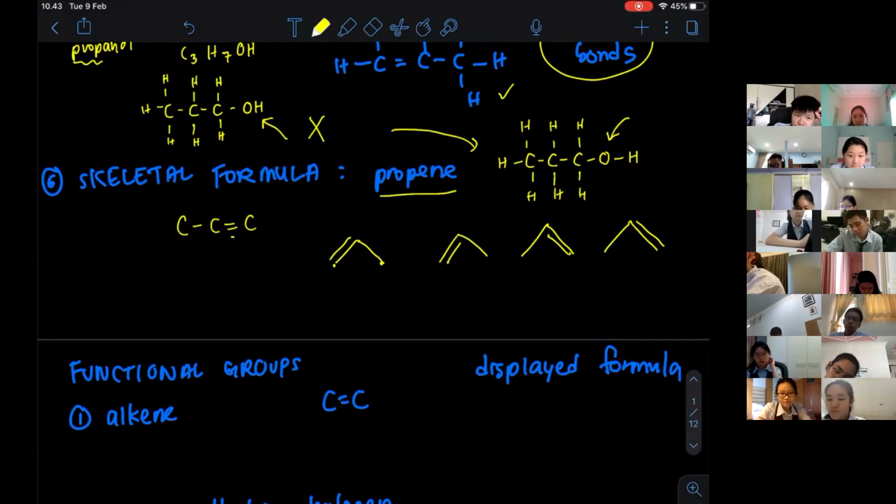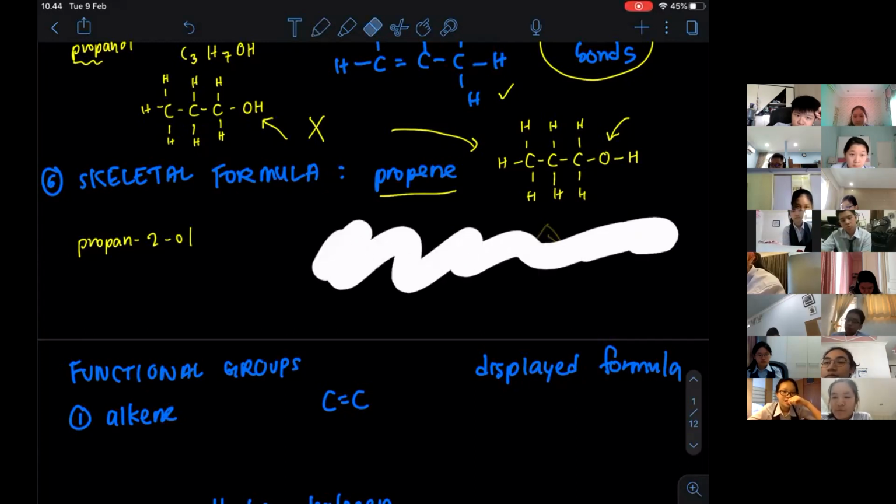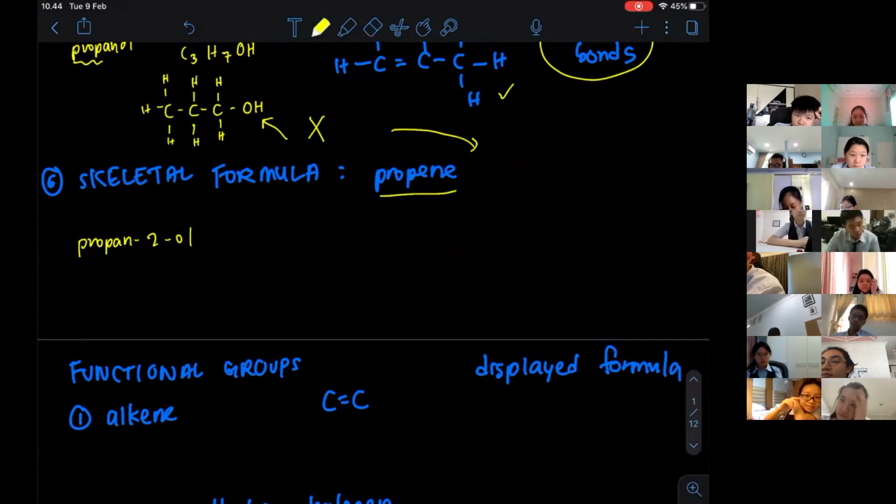Now, what happens if I have a situation where I am going to have propan-2-ol? This is not propanol, this is propan-2-ol. Now, how do I represent propan-2-ol? So let's draw the displayed formula first.